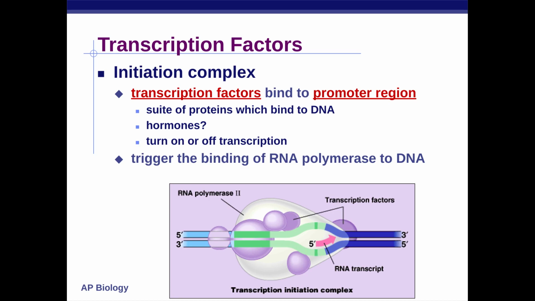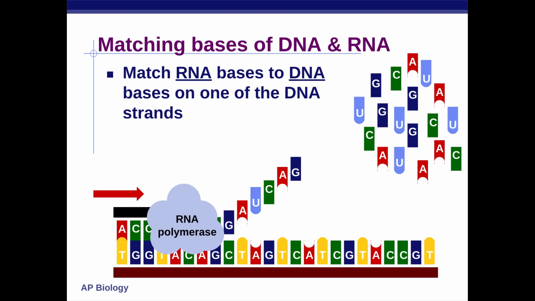So only the RNA polymerase II is left behind, and RNA polymerase II elongates the RNA strand. So it carefully places the complementary nucleotides for RNA. So if it's a T, it places an A. If it's an A, it places a U. If it's a G, it places a C. If it's a C, it places a G. And then that strand continues to be synthesized.